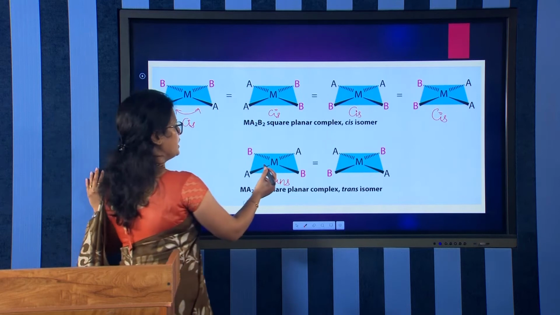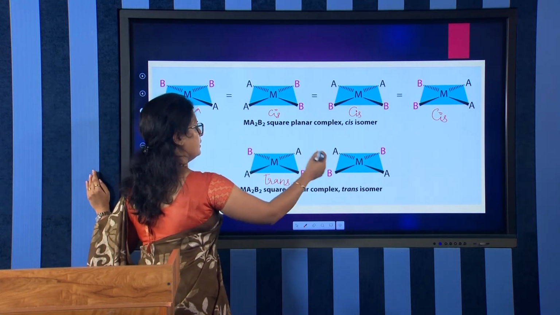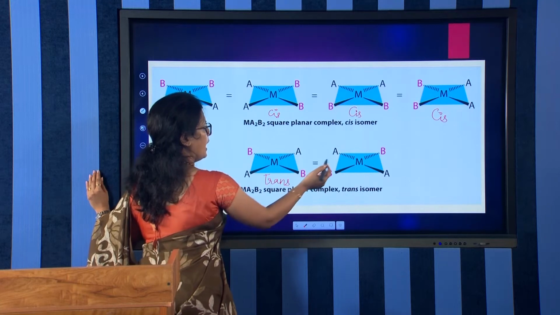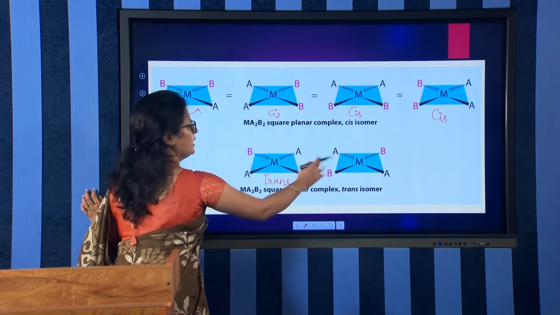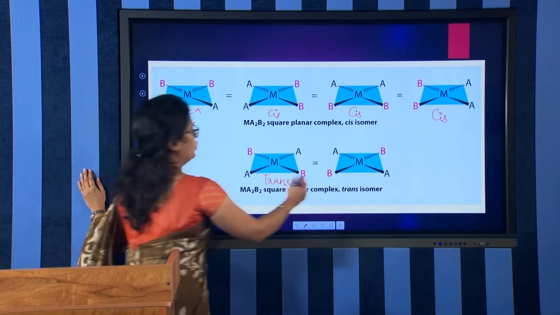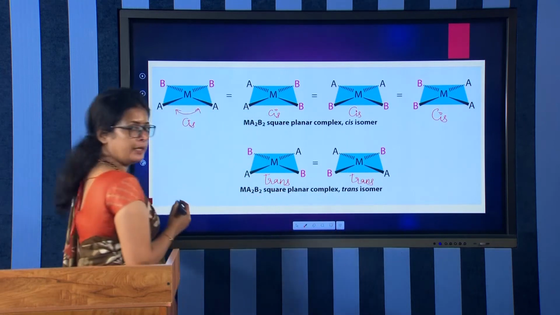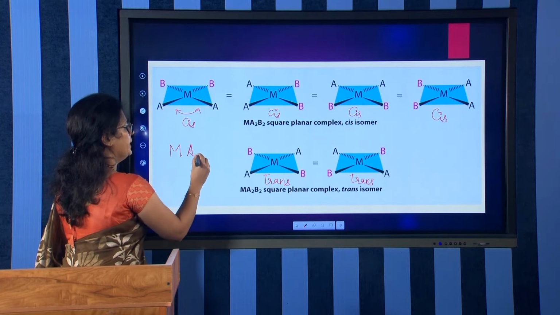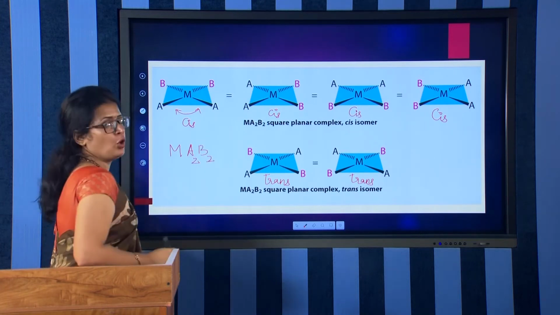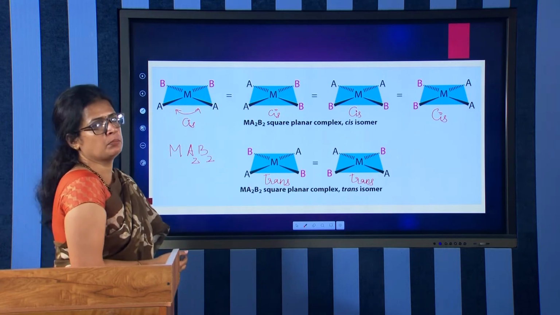And if I am changing the position, here it is B, and if I am changing B and B like this, and in this case A and A like this, both are the same. So these two are trans isomers, and thus we can say that MA2B2 will be showing geometrical isomerism because they exist as cis and trans forms.